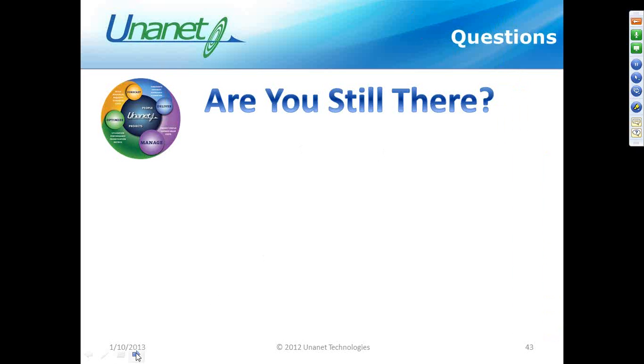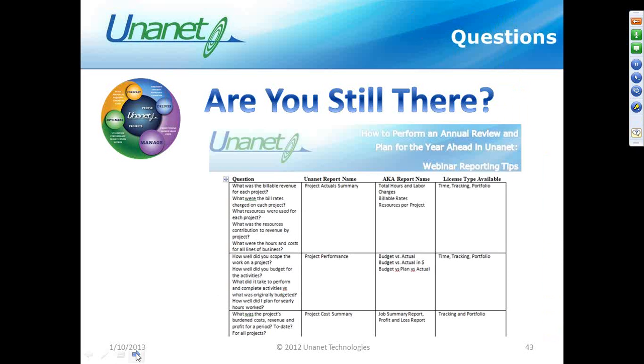I will continue on with just another two slides, I believe. I wanted to let you know that we will be sending out a tip sheet after the webinar is over that puts in a table the different types of questions you would ask, and based on the type of information or metrics you want to analyze, the name of the Unanet report that you can find on the report tab in Unanet, as well as some more familiar names you might use, such as resources by project, job summary report, or profit and loss P&L report.